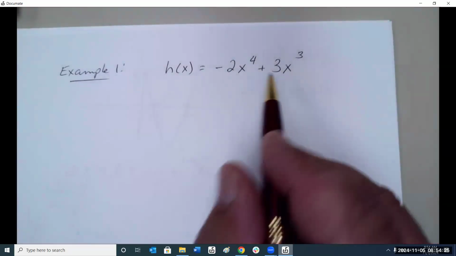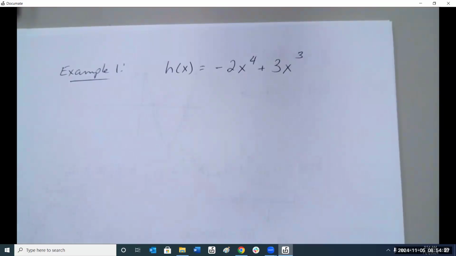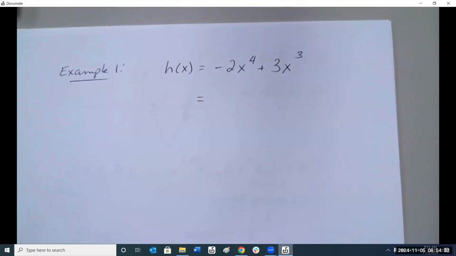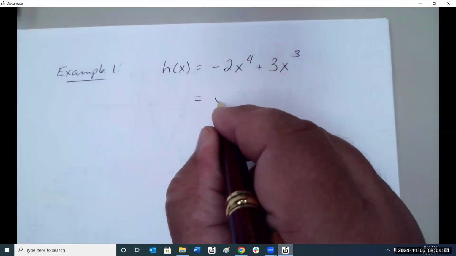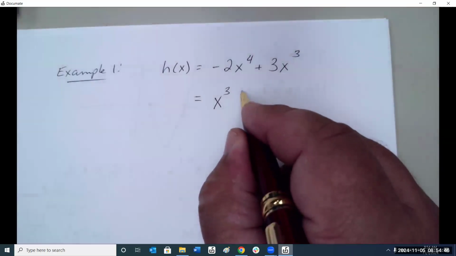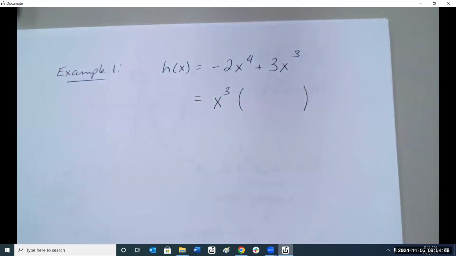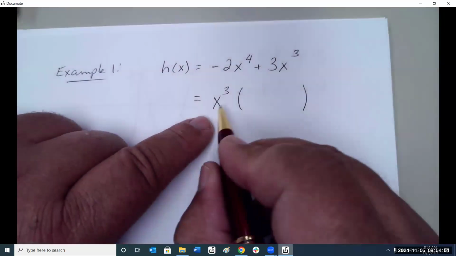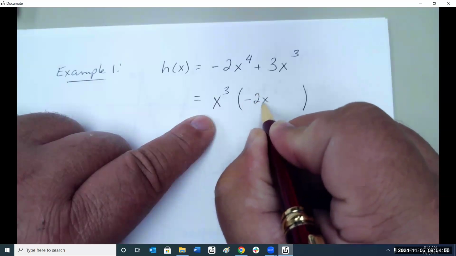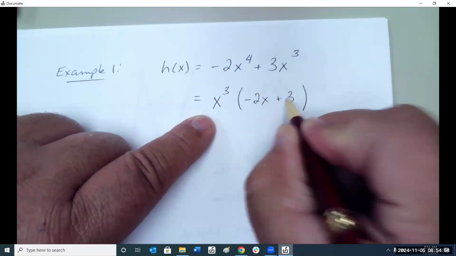It's only got two terms, so what can we do? Can we factor anything out of there? Do they have anything in common? x cubed, very good. They both have three x's in common. If I take out three x's, what am I left with? Negative 2x plus 3.